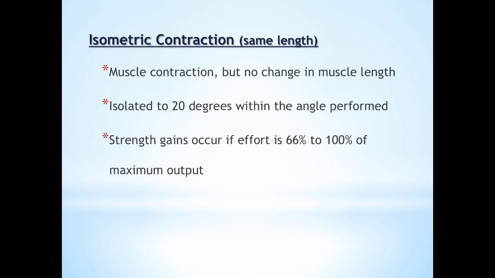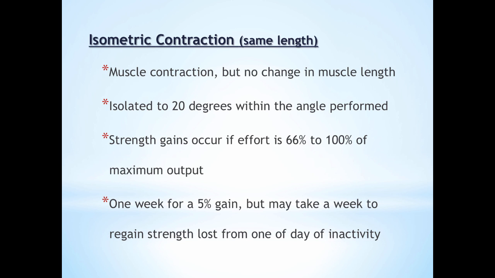We're going to gain strength if the effort is from 66% to 100% of maximum output. So you can't really just get much out of it if you're barely putting any effort into it. And that's kind of the hard thing with this. Without some type of strain gauge measuring the amount of force that the athlete is putting out, it's kind of hard for us to know where their maximum is and if they're putting forth enough effort to make a gain.